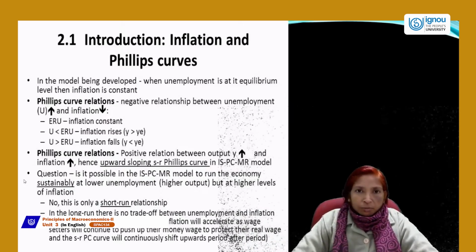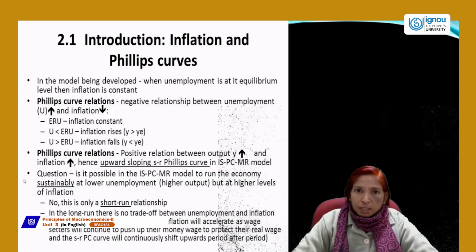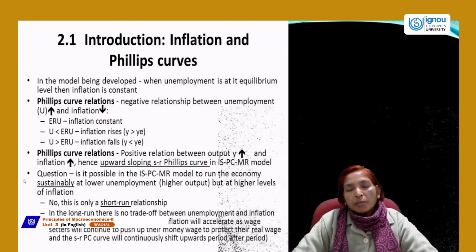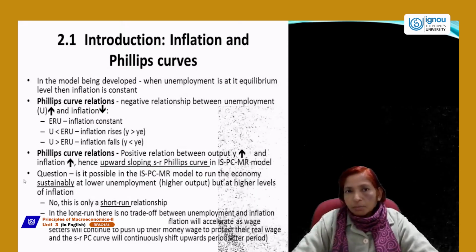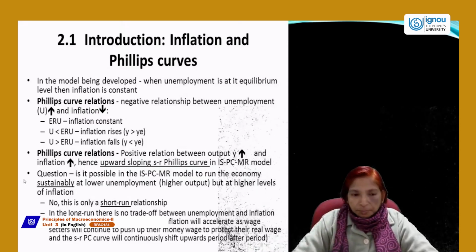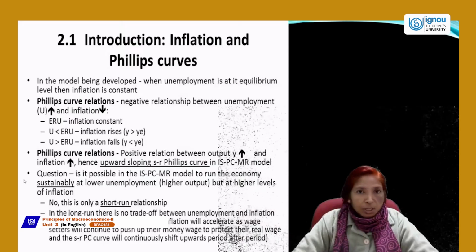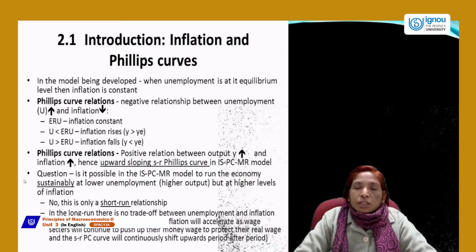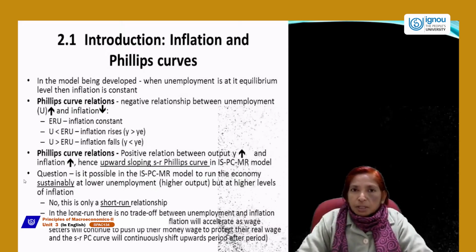So this trade off between wage inflation and unemployment mainly exists in the short run but not in the long run, because the long run is a situation in which we can change each and every factor of production.